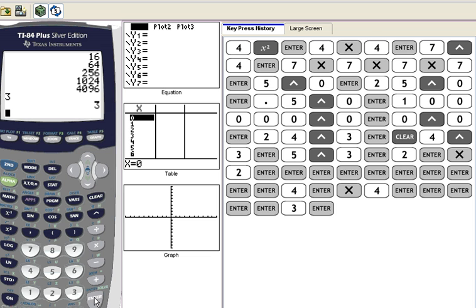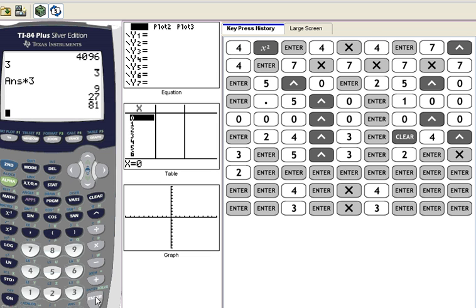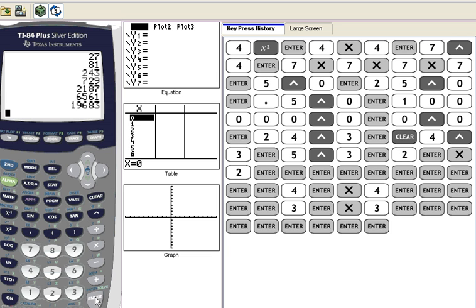So I'm just going to go times 3, there's 3 to the second. Just keep hitting the enter button, third, fourth, fifth, sixth. This is 3 to the 6th, 3 to the 7th, 3 to the 8th, 9th, 10th, 11th, 12th, 13th. So 3 to the 13th, we are above.